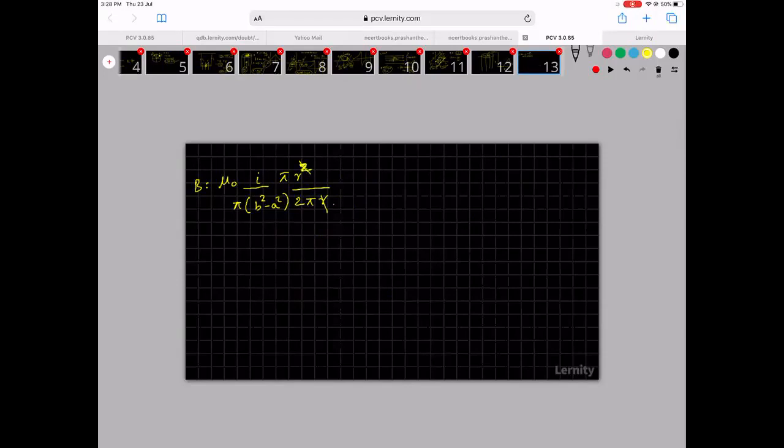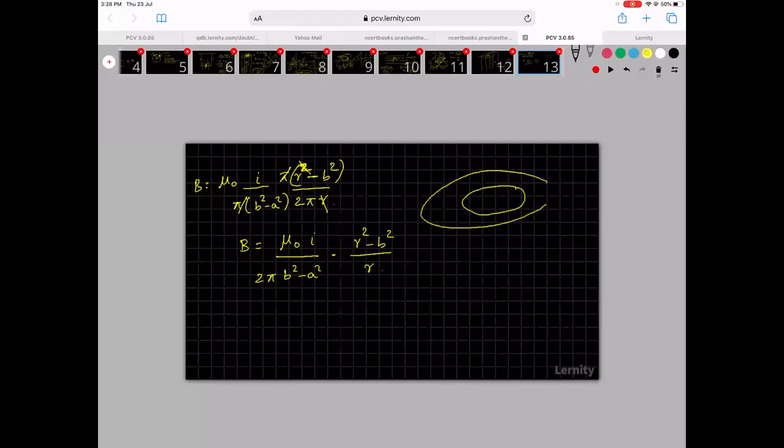So it is pi (r squared minus b squared). Okay, so B is equal to mu naught I by pi, which gets cancelled, (b square minus a squared) into (r squared minus b squared) by 2 pi r here. Okay, so in this zone from here to here, this is the magnetic field.